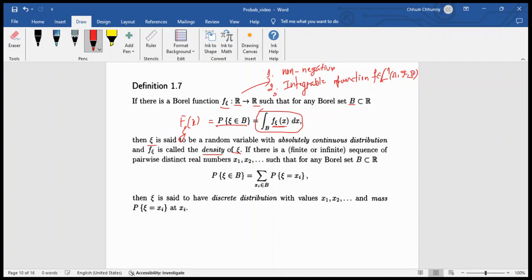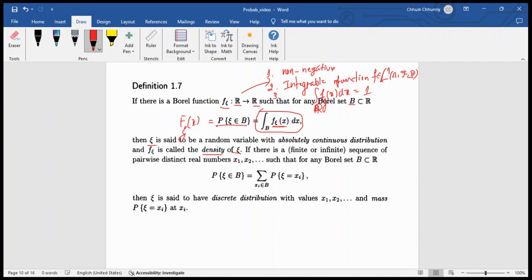Another condition is that the integral over R of f_psi(x) dx has to be equal to 1. These are the properties of the Borel function f when we call it a density function of a random variable psi.